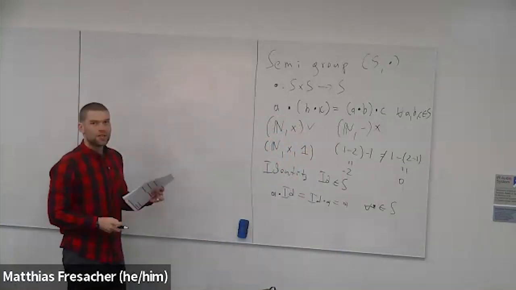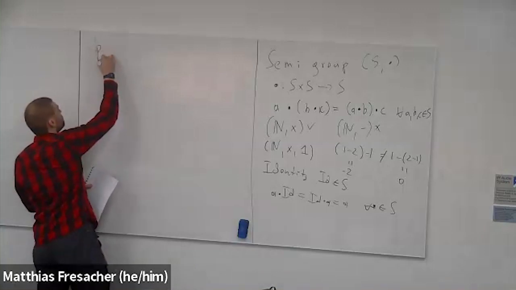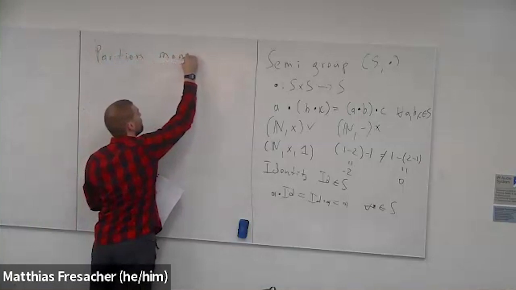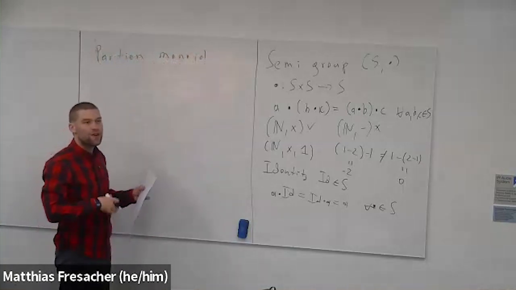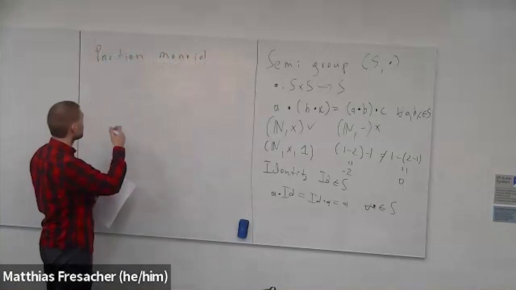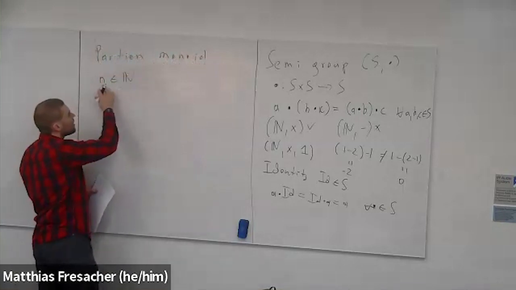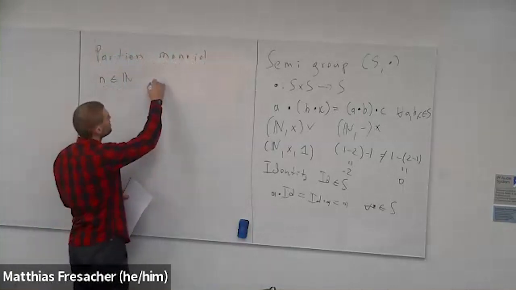So we are going to be talking about first up the partition monoid. For this, we have a number of different, I guess you can call them flavors. And this is for a particular choice of n in the natural numbers.